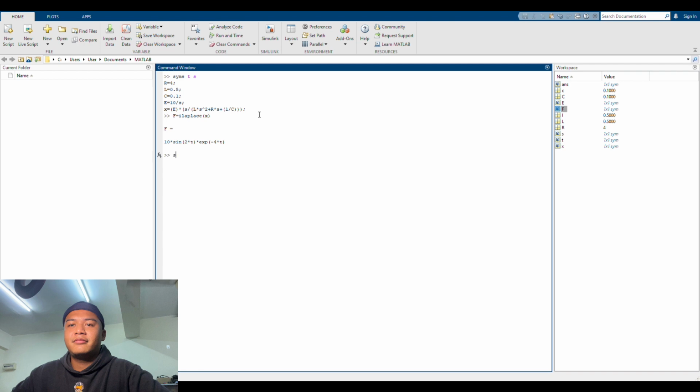So I simplify the inverse Laplace transform answer. Simplify f. So I get the answer is 10 sin 2t exponent negative 4t.